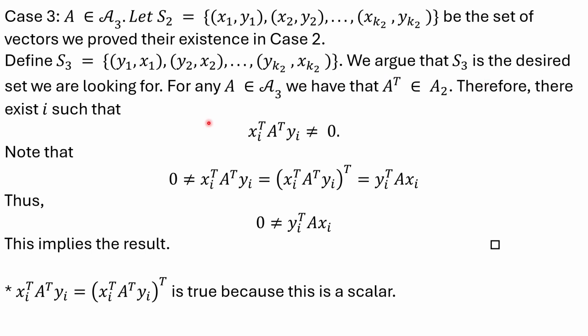Therefore, there exists i such that xi transpose A transpose yi is not equal to 0. This is case 2. Note that since this is a scalar, the transpose is equal. So we get this yi transpose A xi not equal to 0. This is the set that we defined. So this implies the result.